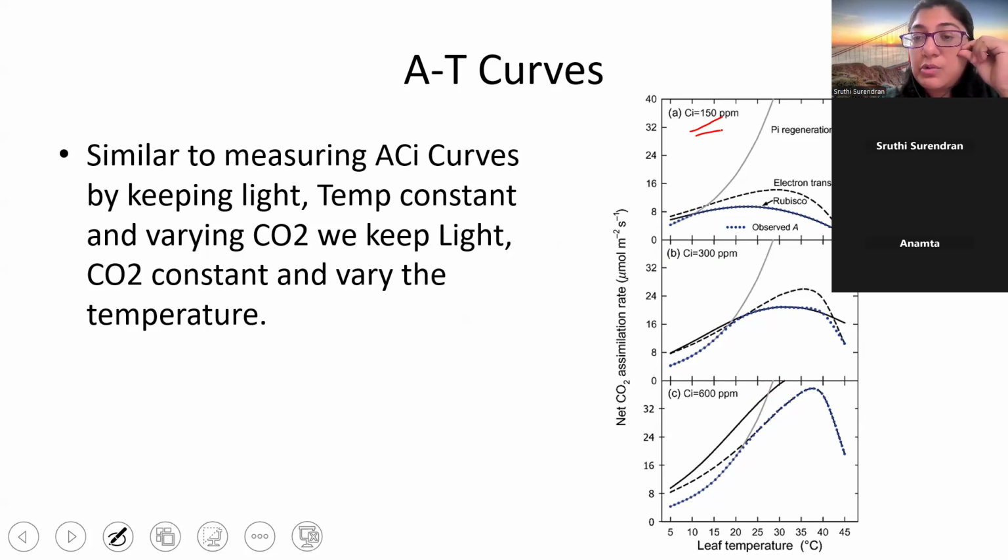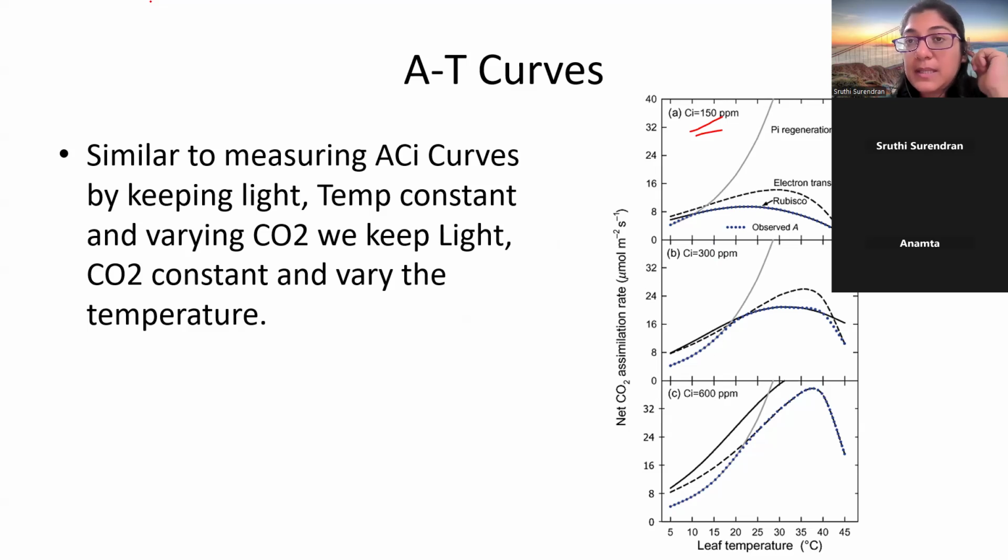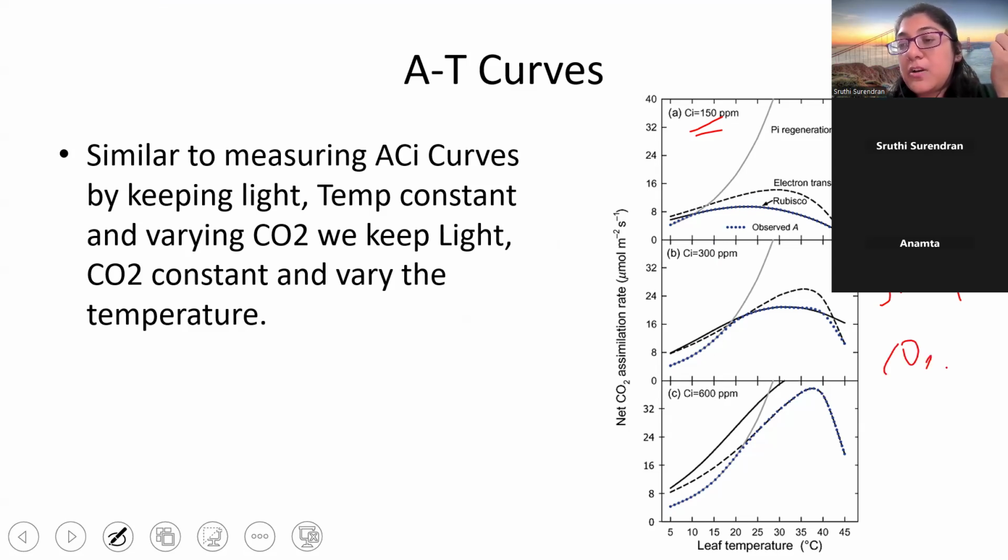That is, we are going to increase the temperature alone, and you can see in this one the values vary from as low as 5 to 45. So the temperature can be changed from 5 to 45, keeping the carbon dioxide level at 300 or 150, light at say 1800, and RH at some value.